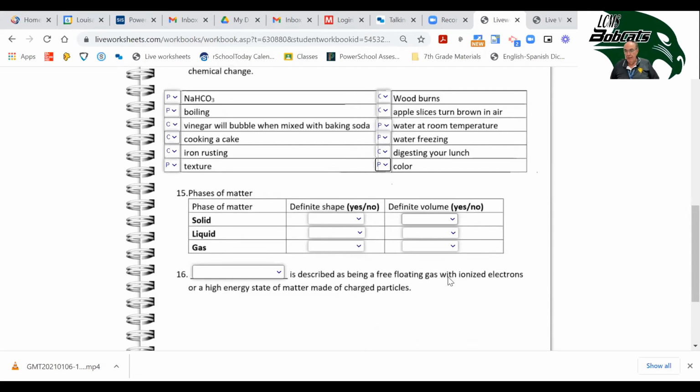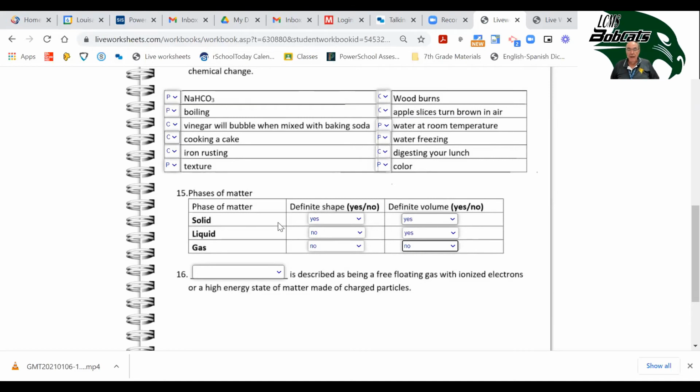Now, the basic definitions of solids, liquids, and gases. Solids have a definite shape and a definite volume, and that is the definition of a solid. A solid is a substance that has a definite shape and a definite volume. Liquids, when you pour them into a new container, do not have a definite shape, and they do maintain their volume. Gas does not have a definite shape, and gases can expand or contract, so they do not have a definite volume.